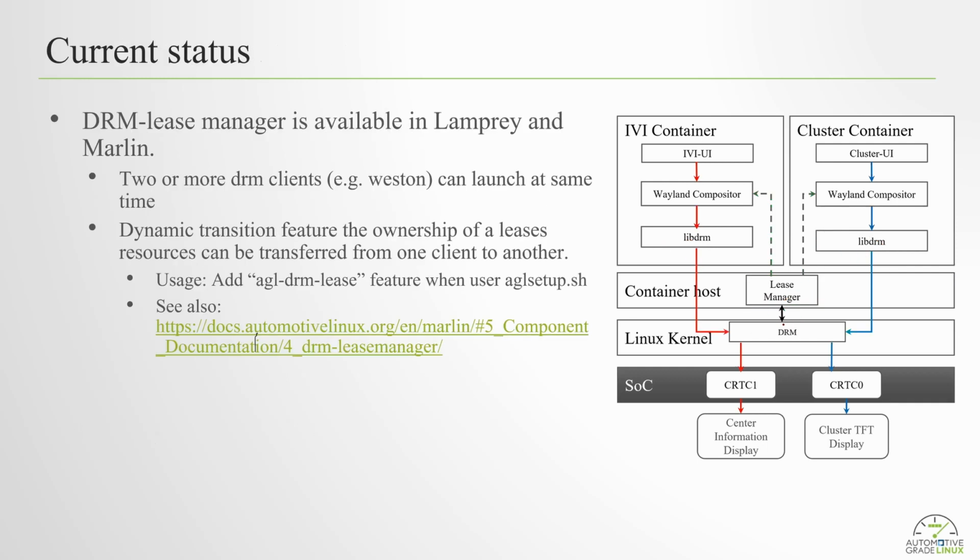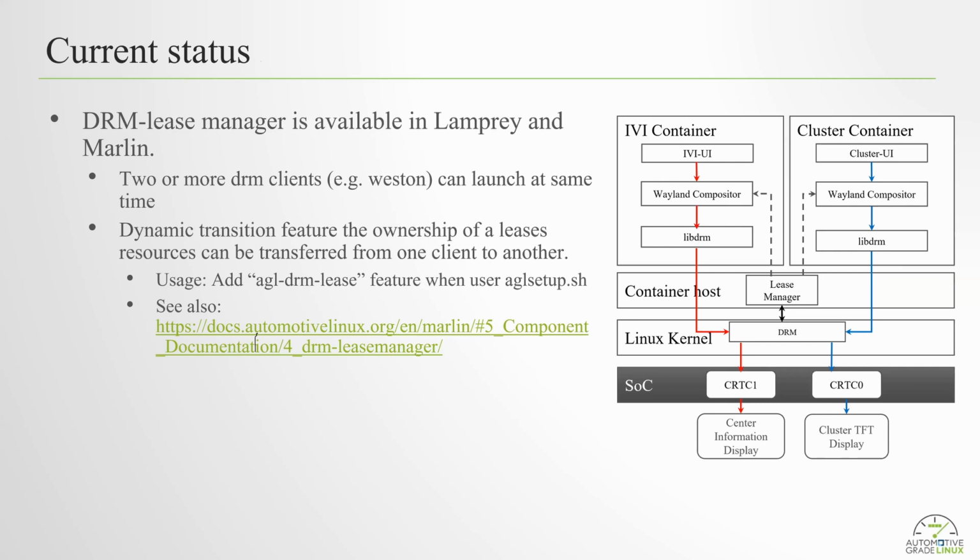Now I will explain the current status. This DLM release manager is already available in AGL Lamprey and Marlin. The feature is that two or more DLM clients can launch at the same time, for example, a Wayland compositor.